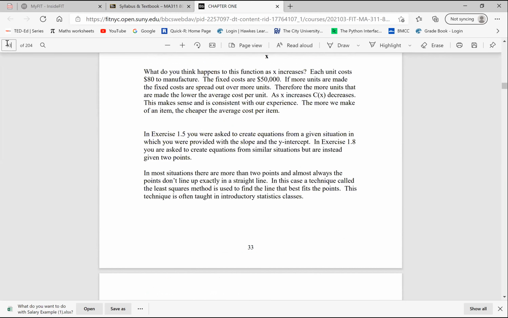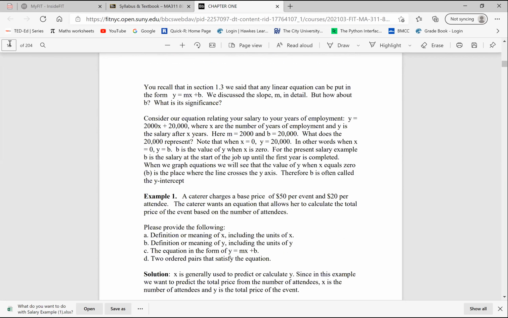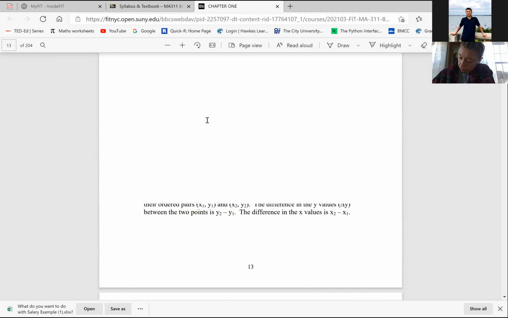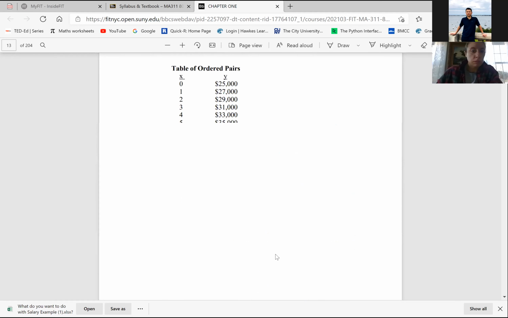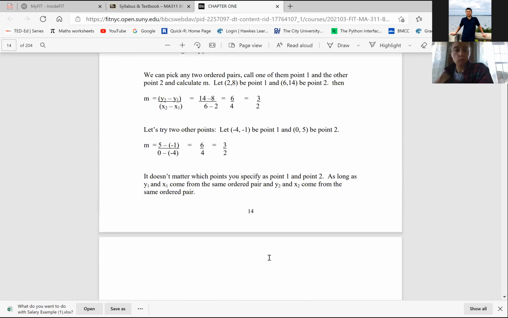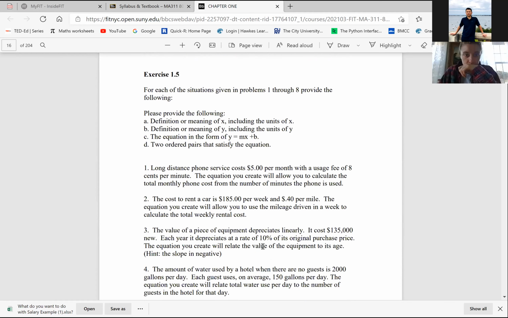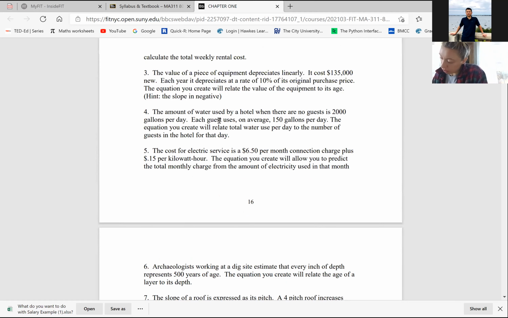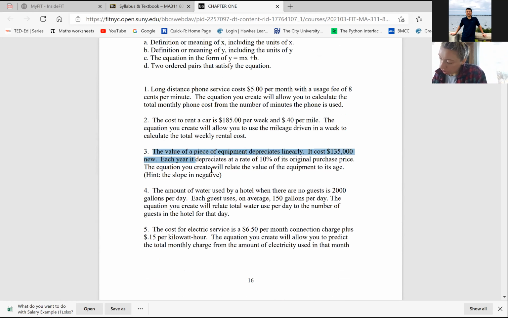This is 1.8. Maybe page 15. 1.5. Okay, which question is that? It was number 3. It was the last part of number 3 that I think I was stuck on.